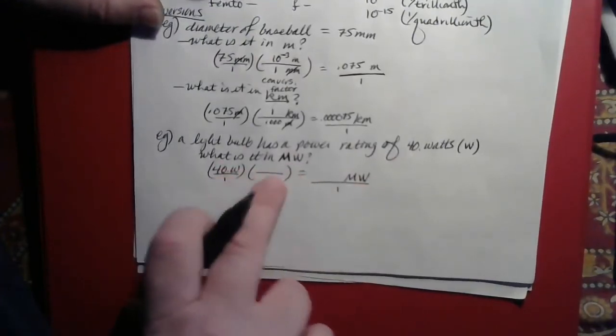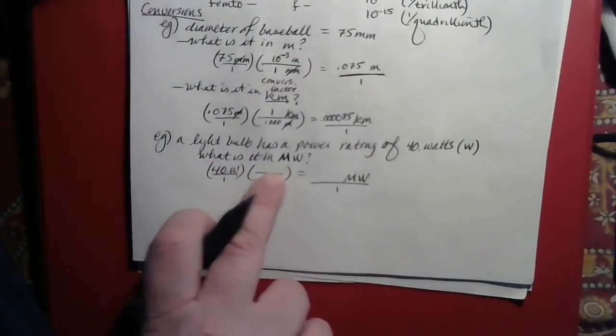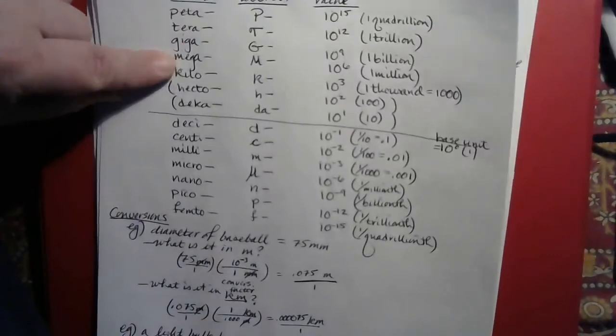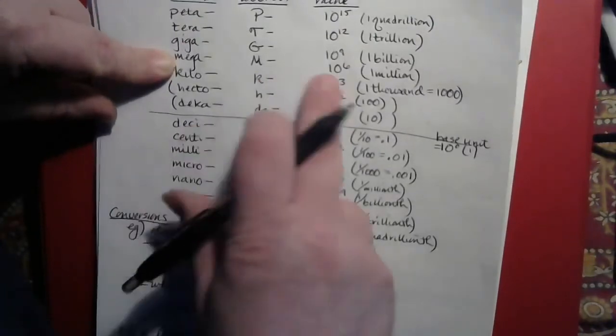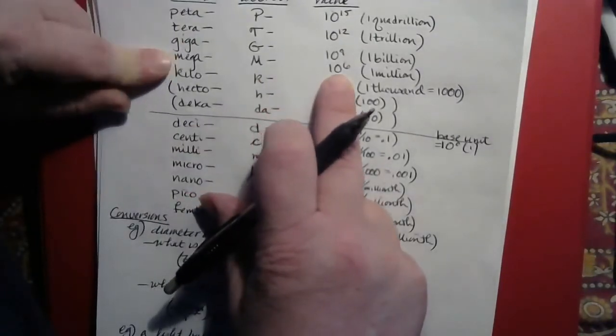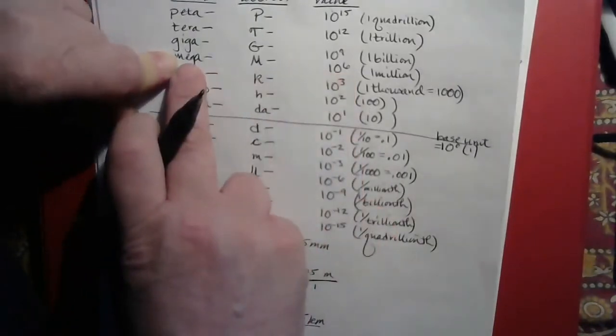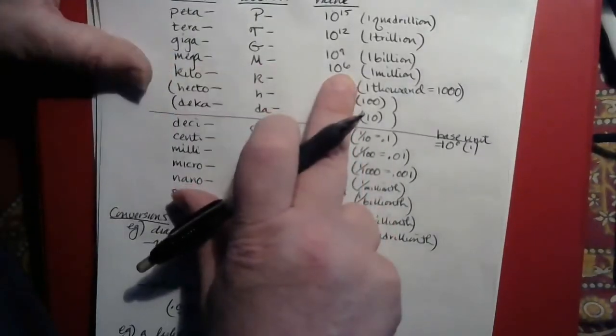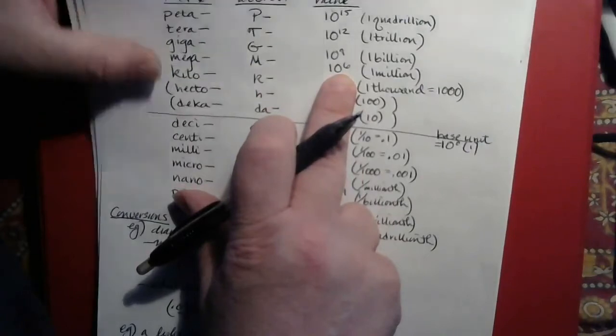That means we need only one conversion factor, and we can get it from the table here. 1 mega unit is equal to 1 million of the base units. So in this case, 1 megawatt is equal to 1 million watts.